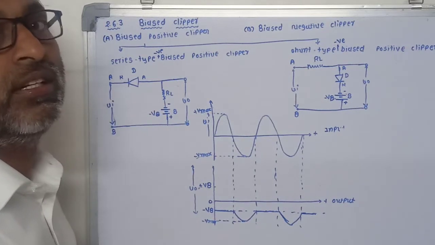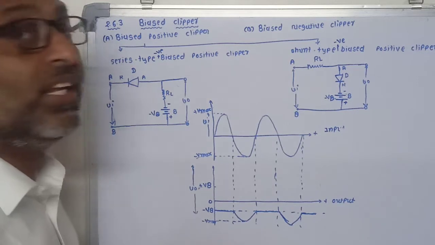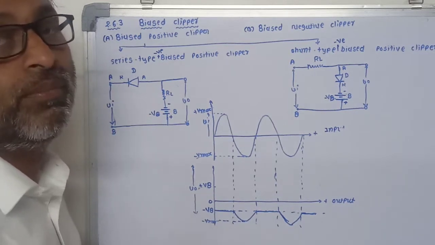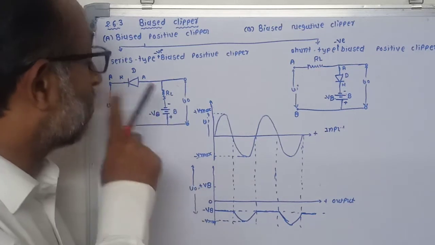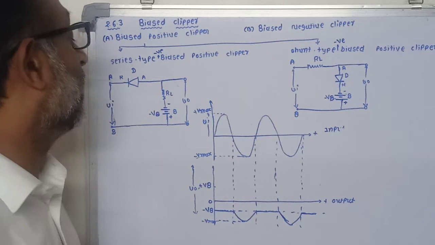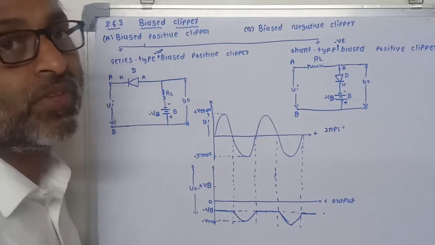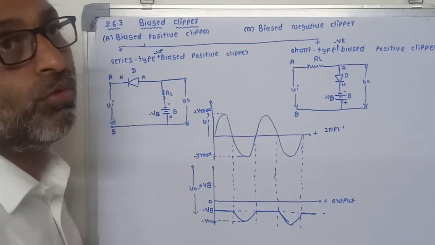In this circuit, we only reverse the polarity of the battery. That means the battery is connected as shown in this figure. Let me see what will happen if we change the polarity of the battery, and what will be the change in the output voltage.